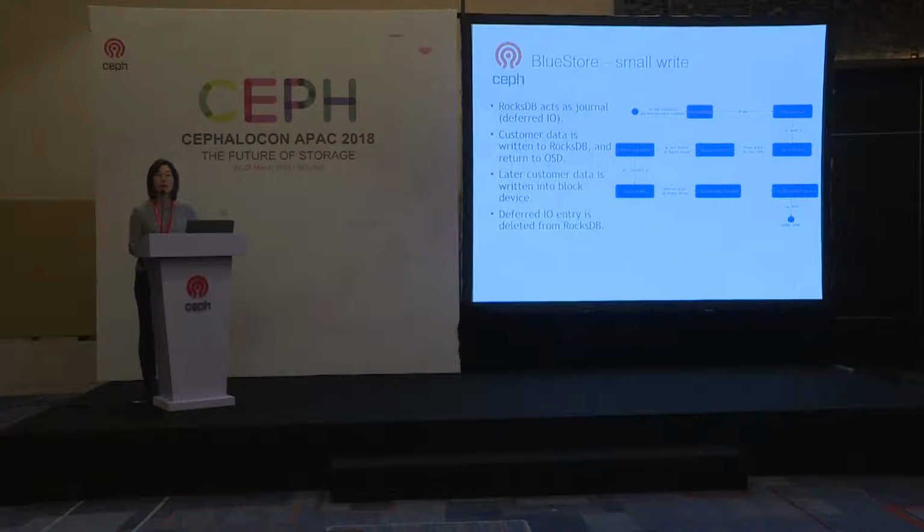I think for SSD the default size is 16 kilobytes. Based on the data alignment and data size, we divide write requests into small writes and big writes. Big write is the first drop write. Let's look at the data flow of small write first.